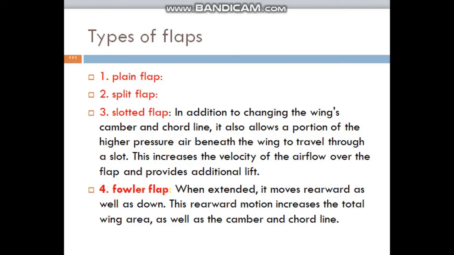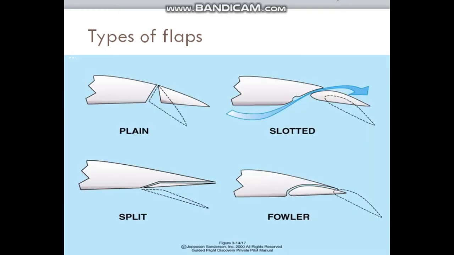As we talked before, the types of flap are plain flap, split flap, slotted flap, and Fowler flap. And we take some notes about the slotted and Fowler. Slotted flap, in addition to changing the wing's camber and chord line, also allows a portion of higher pressure air beneath the wing to travel through a slot.